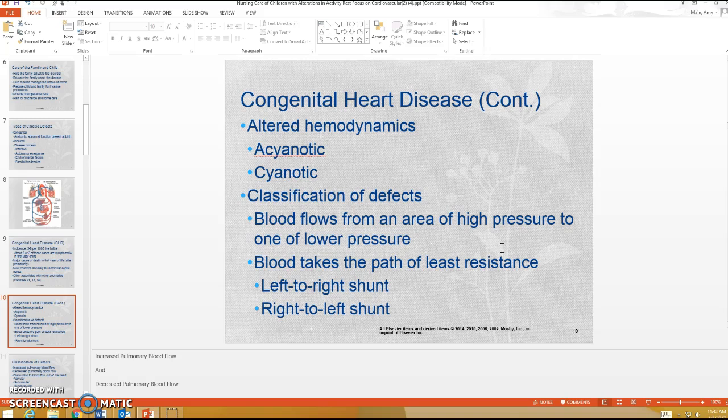So commonly you're going to see left to right shunt because the blood will follow the path of least resistance. Depending on the type of defect, it may be right to left shunt. Now remember, if it's a right to left, you're taking unoxygenated blood and moving it to the oxygenated side, which would circulate unoxygenated blood through the body.